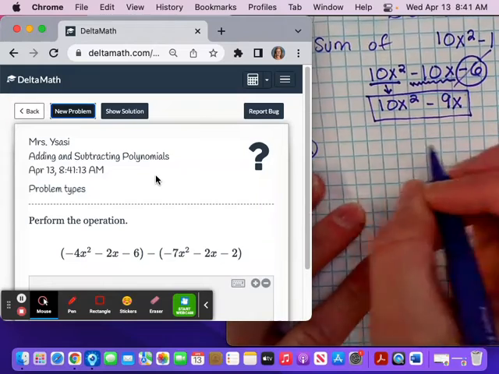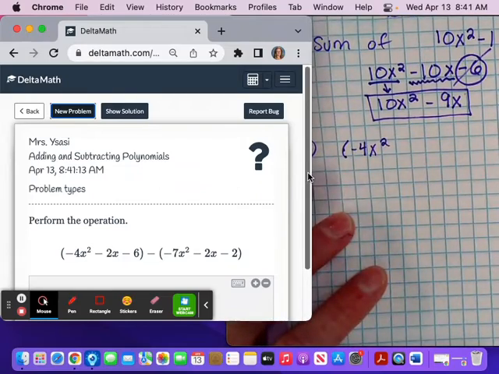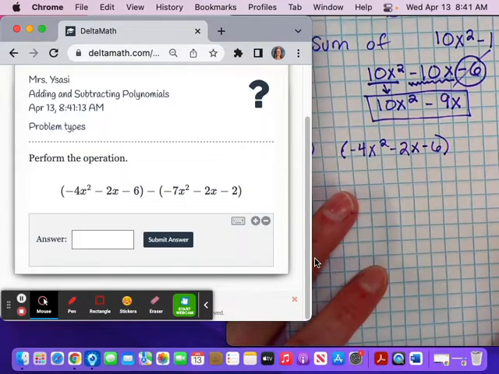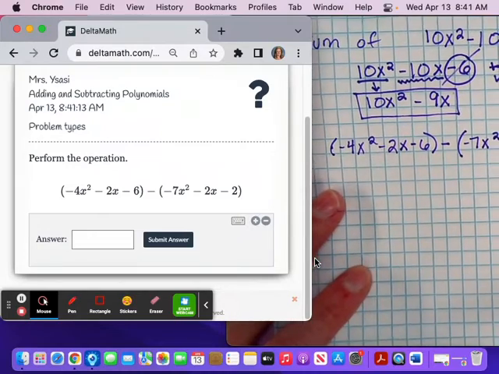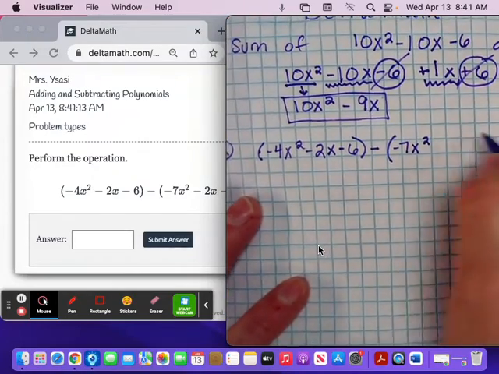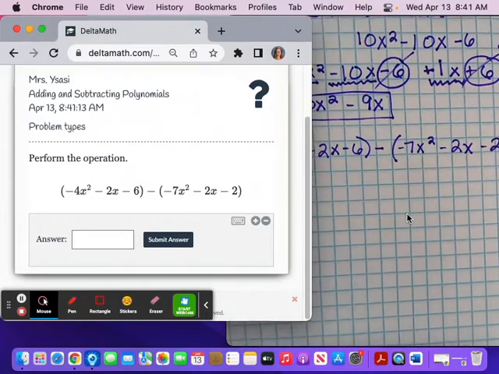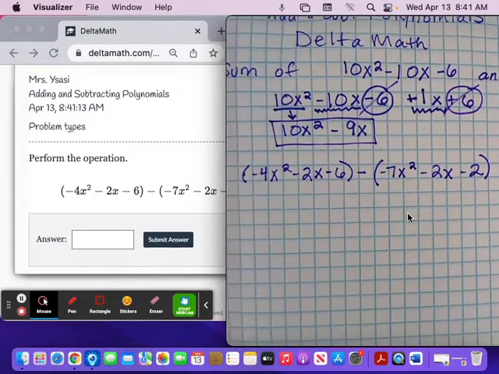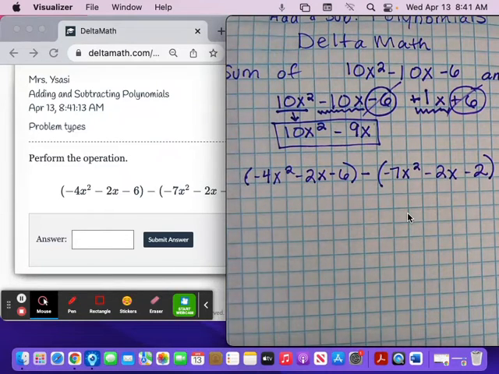So for problem number 2, we have parentheses, negative 4x squared minus 2x minus 6, close your parentheses, minus parentheses, negative 7x squared minus 2x minus 2. So it's a subtraction problem.